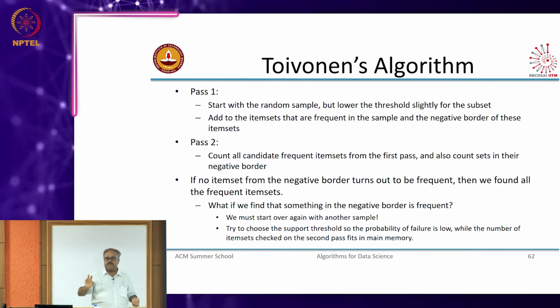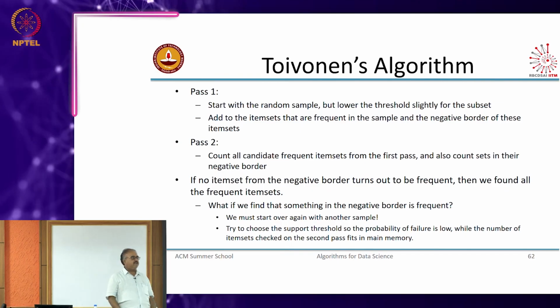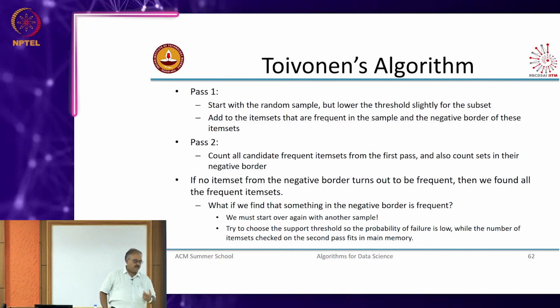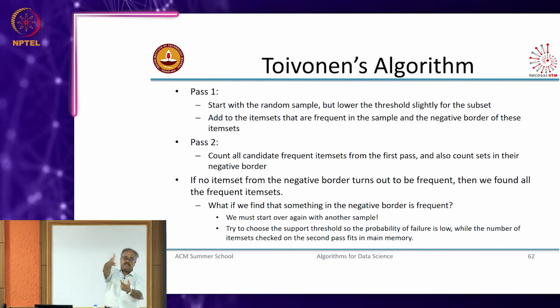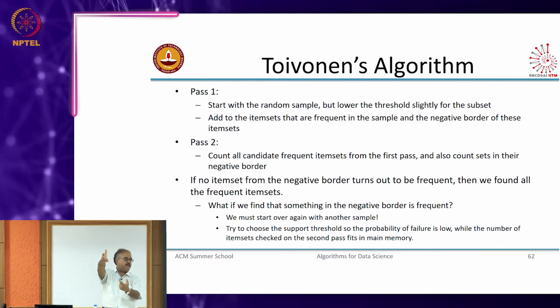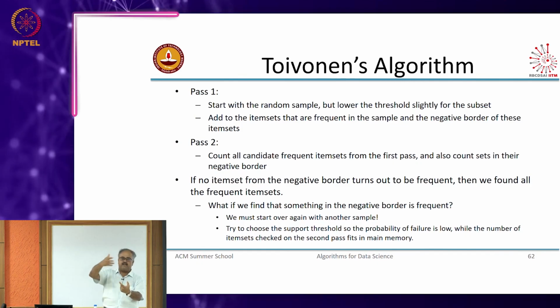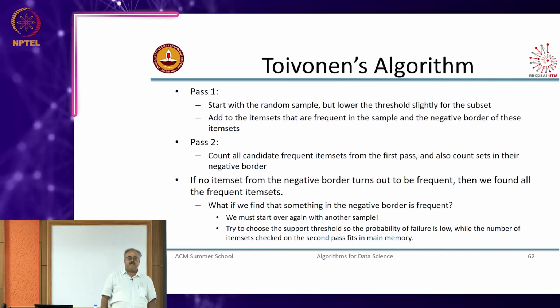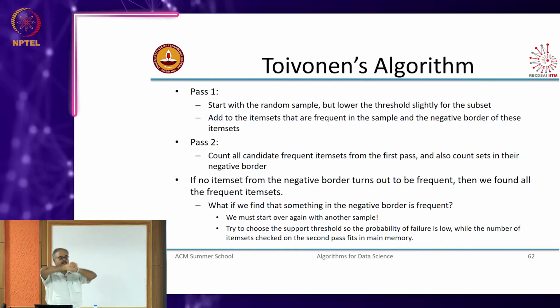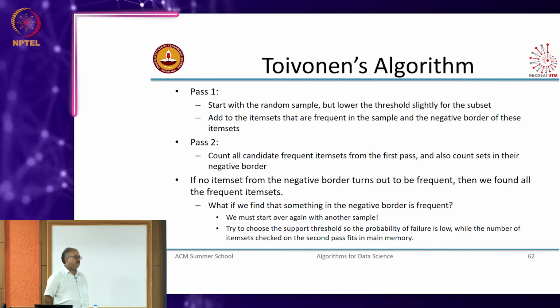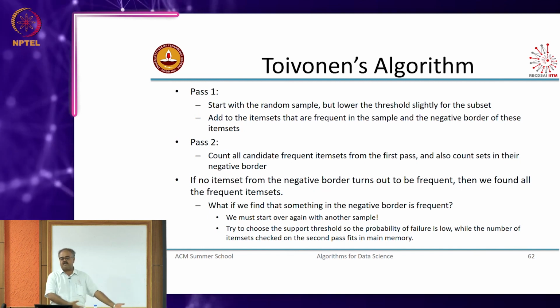All of those things we would have ignored because AB is not frequent in the sample. But suppose AB turns out to be frequent in the entire data; now all those things that we have ignored earlier, we have to start considering. So, basically what you do then is you go back, take a completely different sample of the data, and start Toivonen's algorithm again.